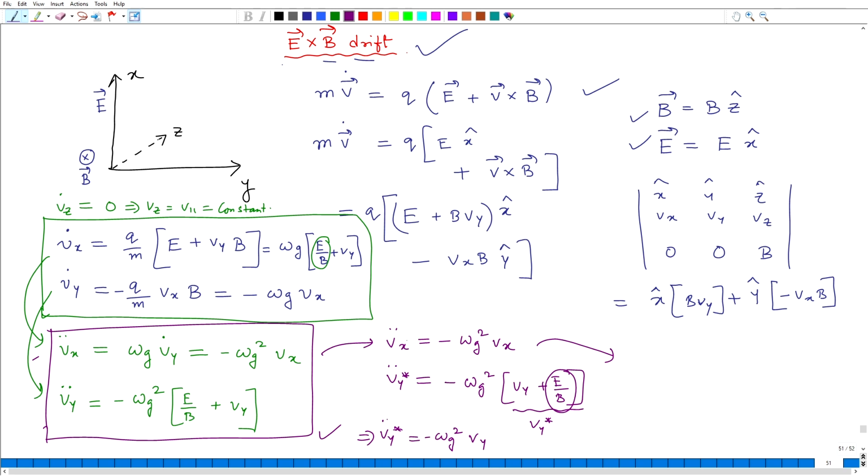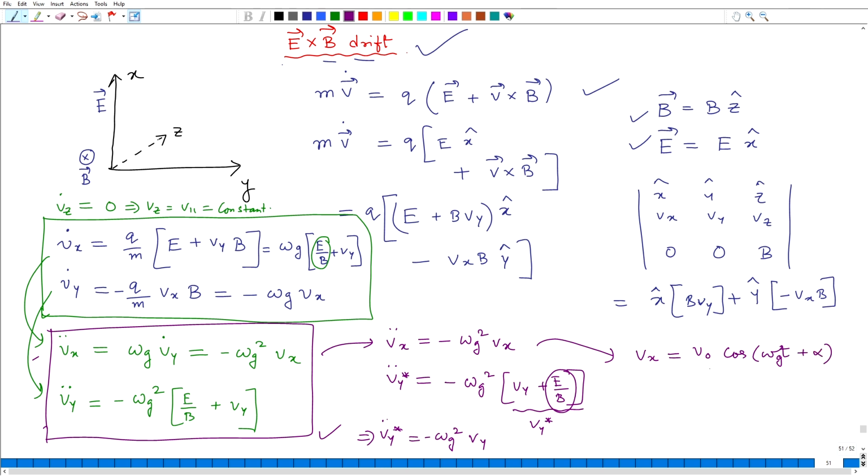For v x you will have some quantity, let us say once again some v 0 cos of omega g t plus alpha.